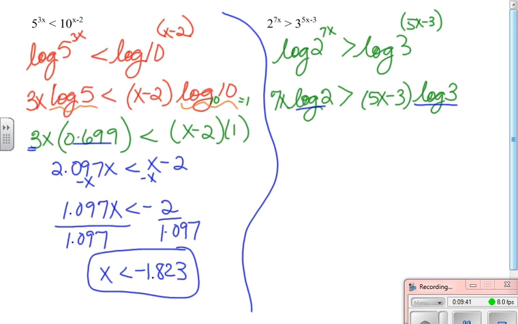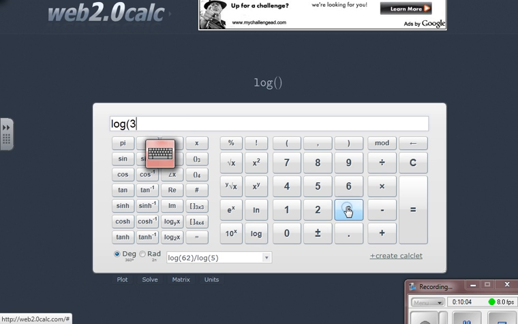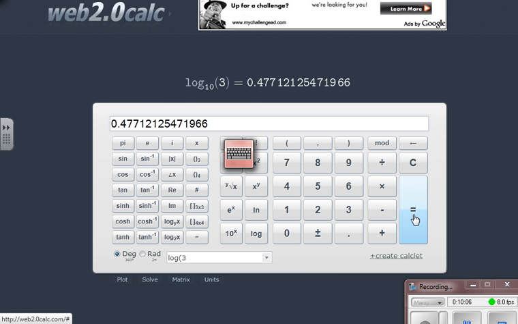And so when I go to my calculator, I'm going to take 7 times log base 2 and I'll get 2.107 times x is greater than, and in this case log base 10 of 3, log of 3 is 0.477.